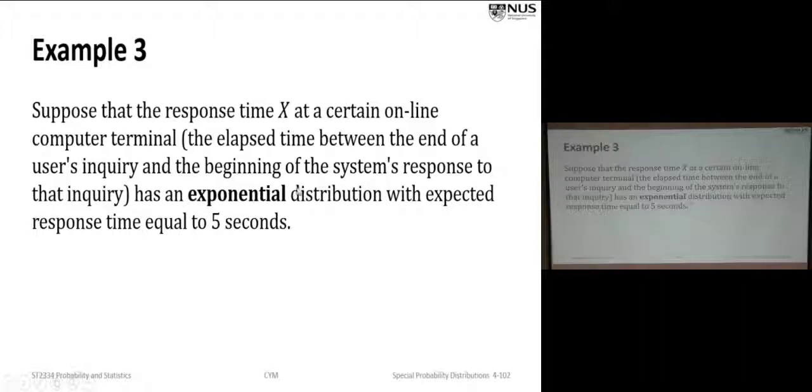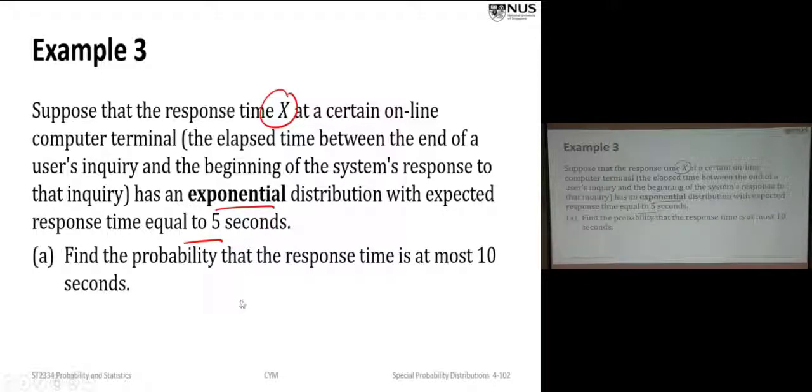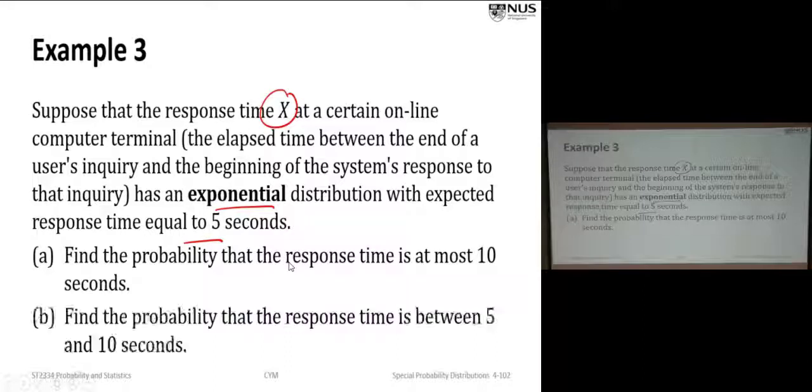So another example. Here we have the response time to a certain inquiry, which follows an exponential distribution with expected response time of 5 seconds. Find the probability that the response time is at most 10 seconds, and find the probability that it's between 5 and 10.